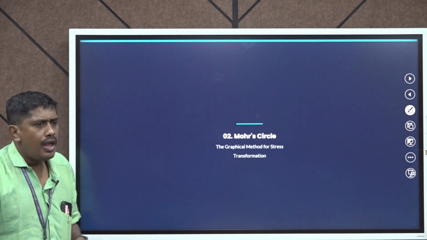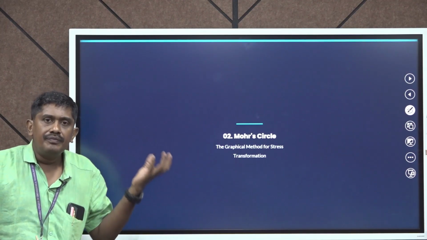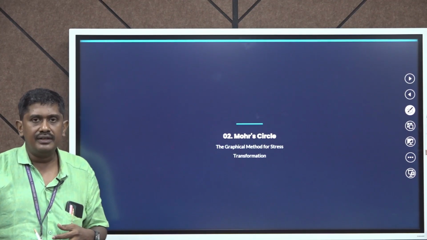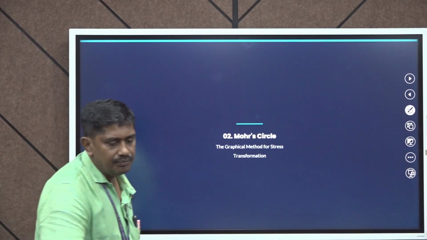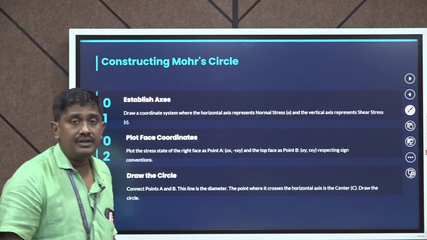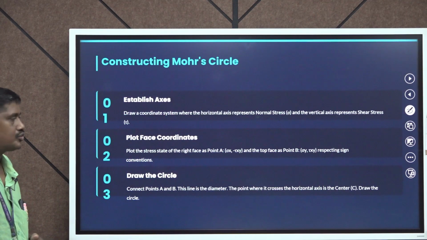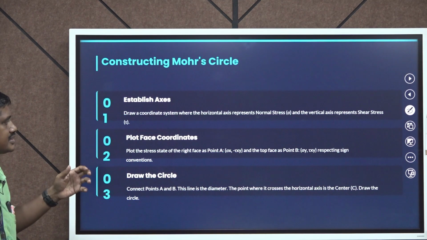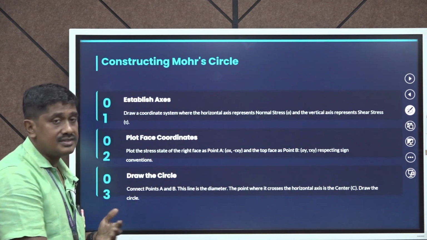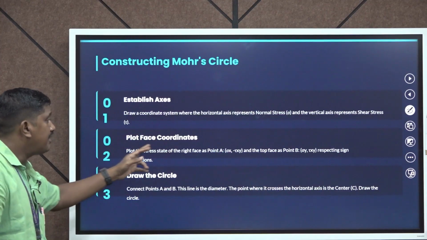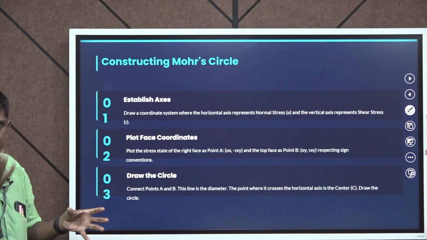We have another method to identify the location of principal stress and strain: Mohr's circle, which is a simple graphical method. Using the graphical method we can identify the theoretical values also. First, draw the coordinate system where the horizontal axis represents normal stress and the vertical axis represents shear stress. Second, plot the face orientations, and third, draw the circle through sigma 1 and sigma 2.